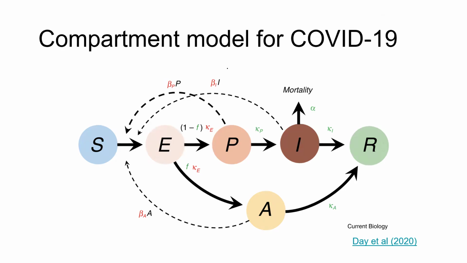So, for example, if we were to look at a compartment model for COVID-19, this follows a susceptible population, and it follows a different pathway in that you have people who have realized infections, you have asymptomatic, pathogenic infection, or people who are sick.